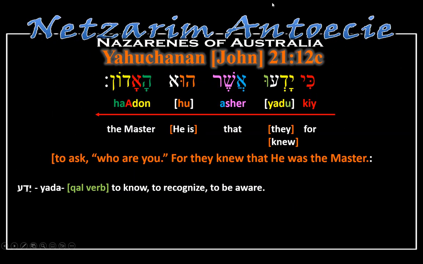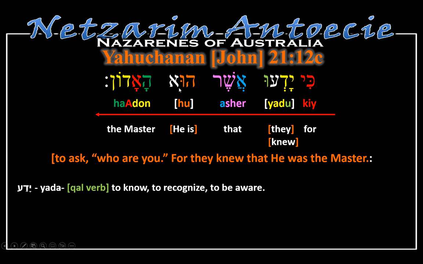And now we come to 12c. We have a kaf, yod, dalet, ayin, vav, aleph, shin, resh, hey, vav, aleph, hey, aleph, dalet, vav, nun sofit. And ki, for, yadu, they knew, because we know yada means to know, right? And the u at the end is they, that's the pronoun.